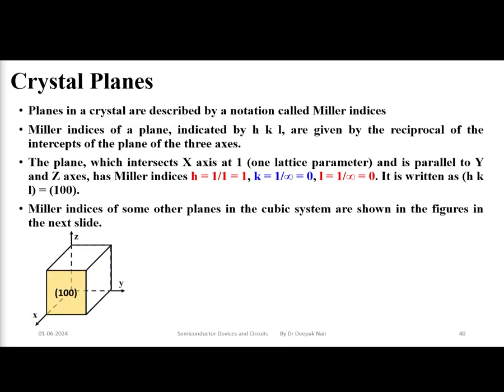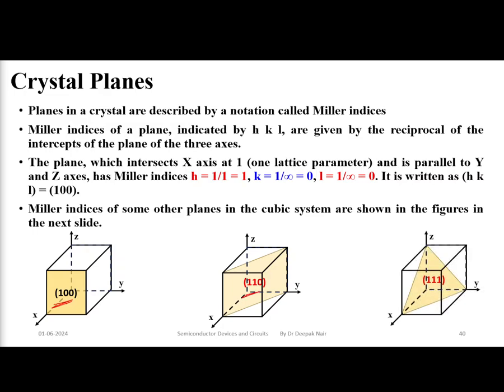So what are the planes? For example, this is the 1 1 0 plane, 1 0 0 plane, first image, second image is 1 1 0, and third image is 1 1 1. We have gone through them in the previous slide, and how to get these planes I have explained in the previous slide.